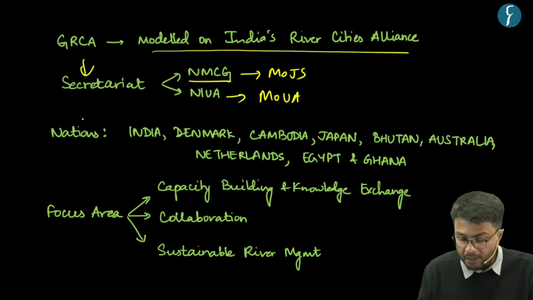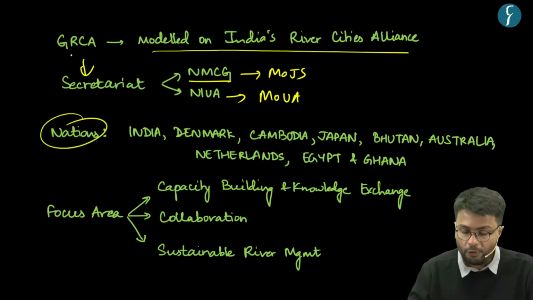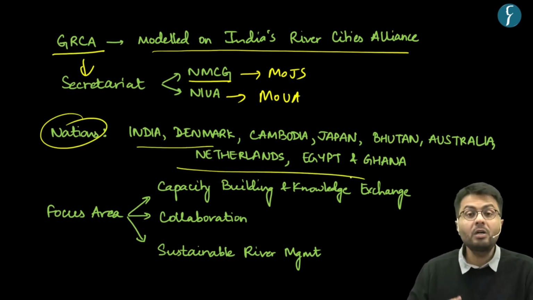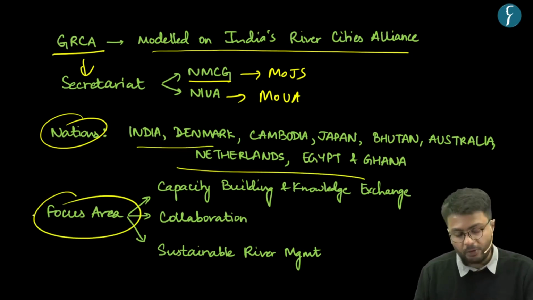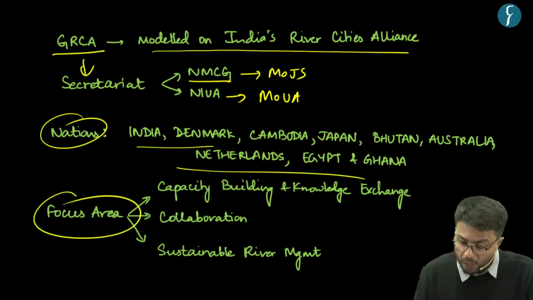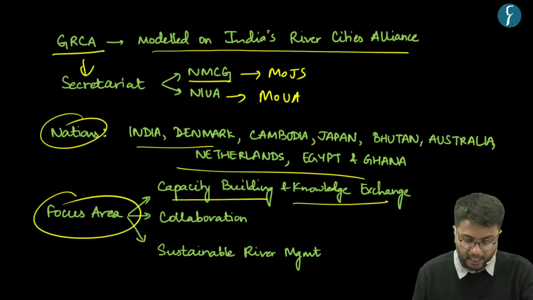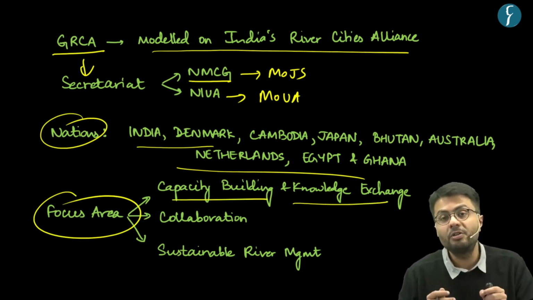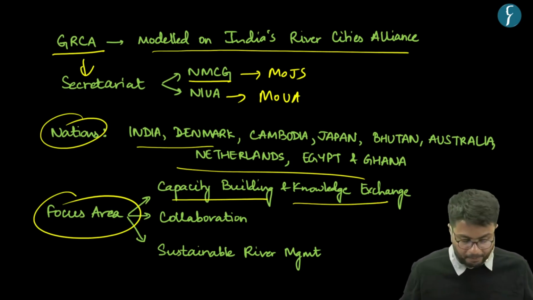Now, there are 9 nations who have come together to form this alliance. Now, what are the focus areas of this alliance? This alliance focuses on capacity building and knowledge exchange between these countries in order to manage the rivers in a more integrated manner.